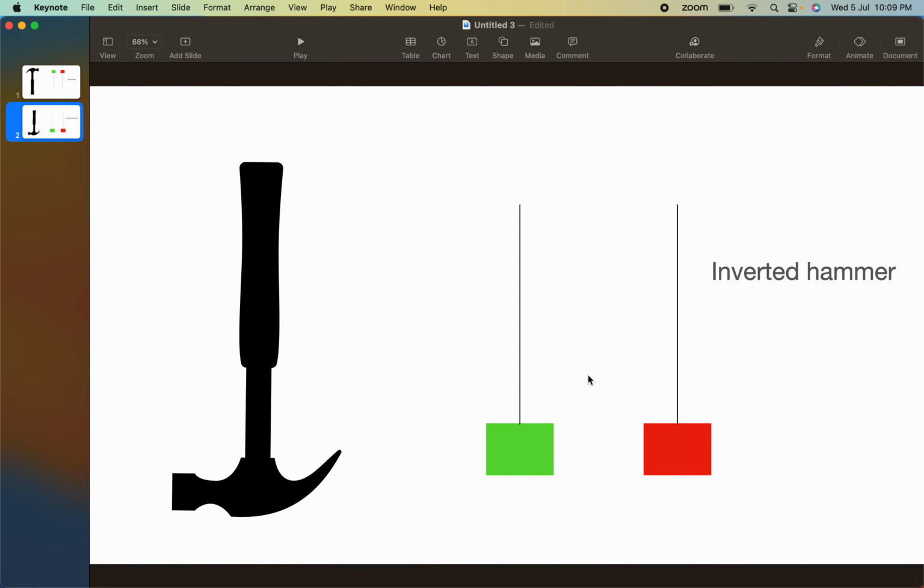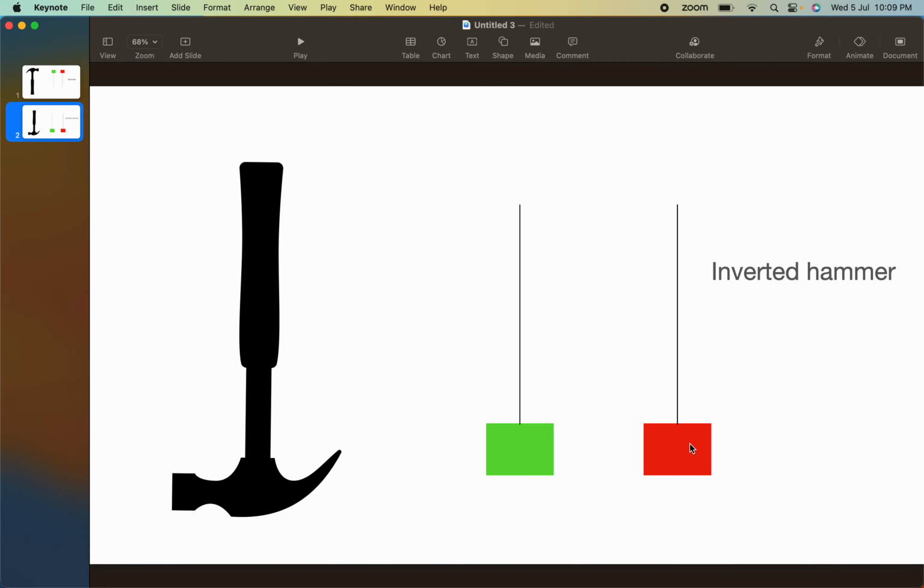Coming to the story of the inverted hammer, price is opening over here. In the initial phase of this candle formation, you will see price reaching this high as well. So there were buyers and sellers aggressive at this point as well. But at the closing, sellers overpowered and managed to take the price down and close at the lower side.